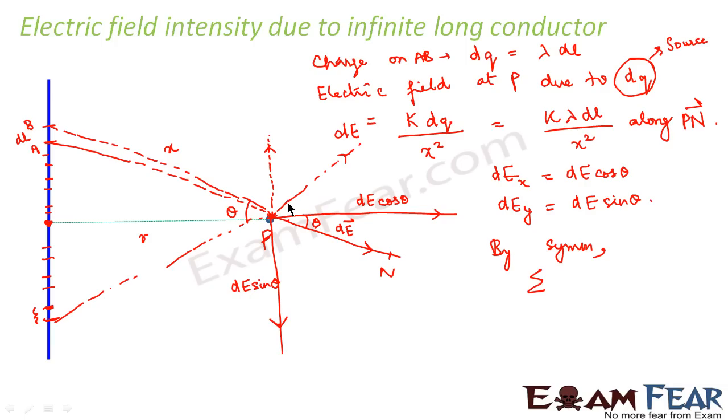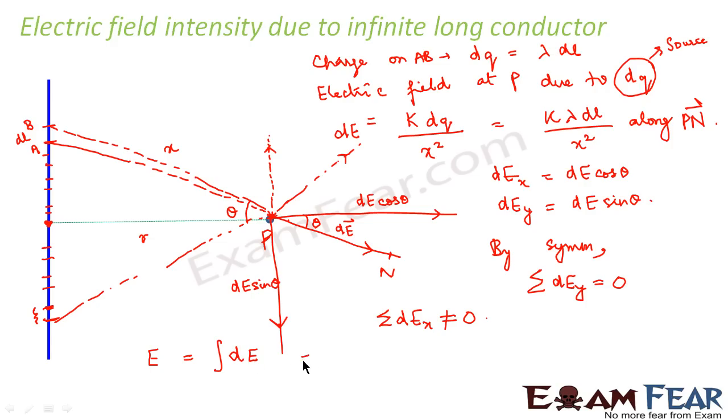Therefore, by symmetry, the summation of the y component will be equal to 0, because the y component for these elements will cancel out when we consider small elements for the entire long conductor, but the summation of the x component will not be equal to 0. So the contribution to the electric field will come only from the x component and not from the y component.